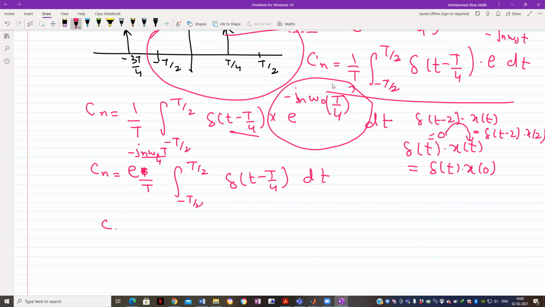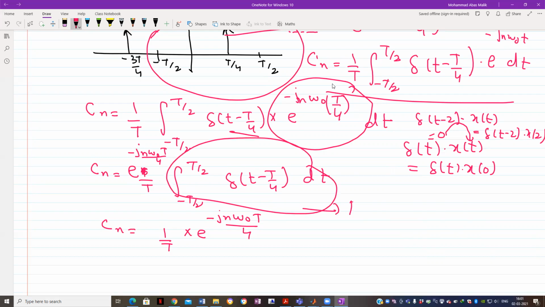So ultimately Cn will be equal to 1 by T into e raised to the power minus j n omega naught T divided by 4, and the whole integral will be equal to 1, because the area under delta of t, which is nothing but delta of t at T by 4, is always equal to 1.